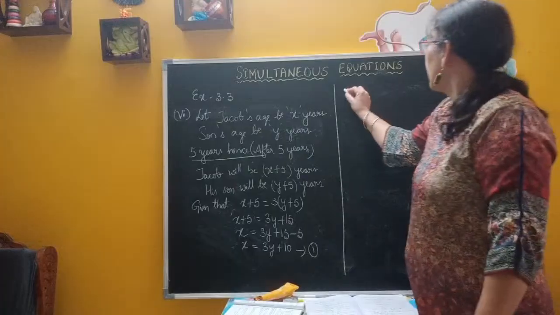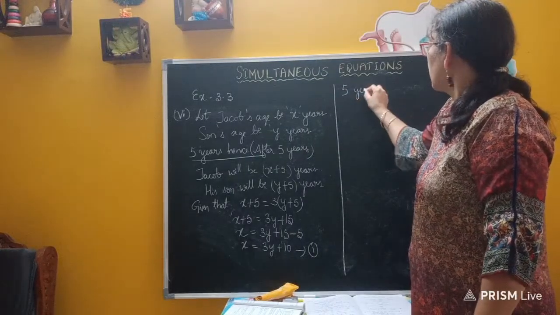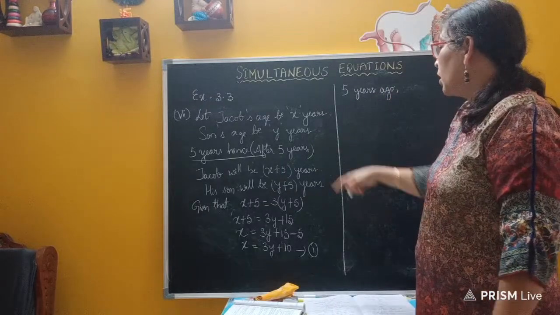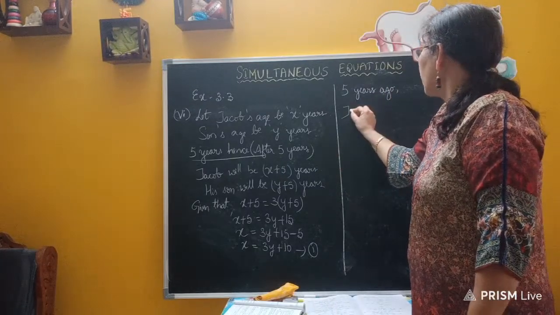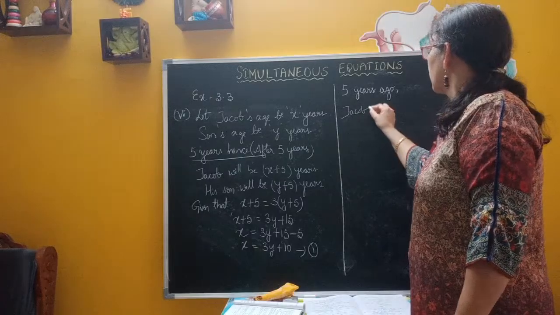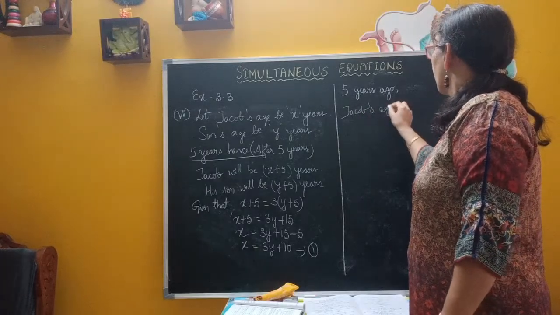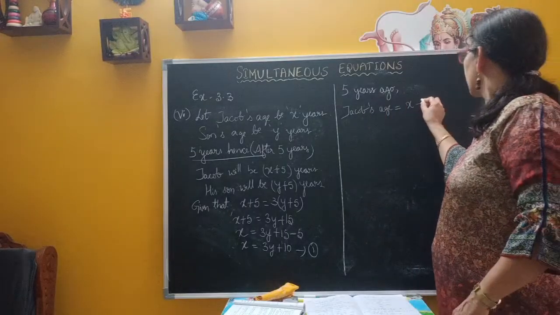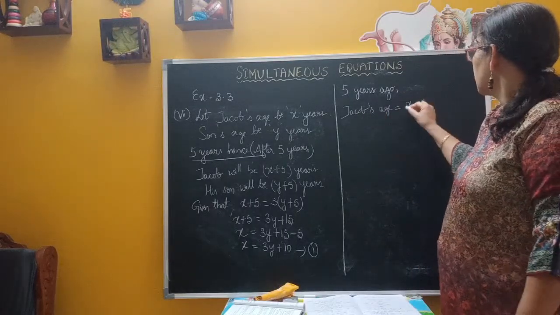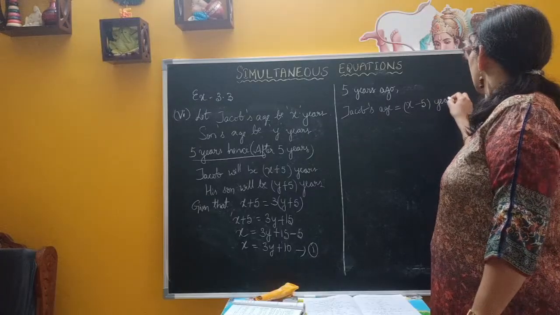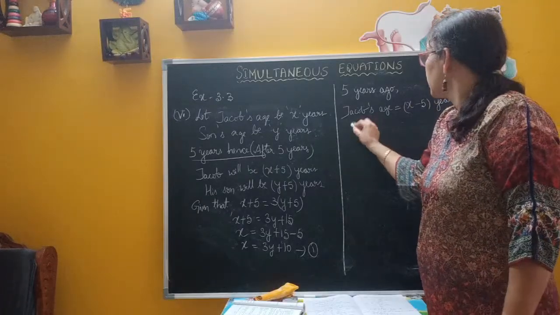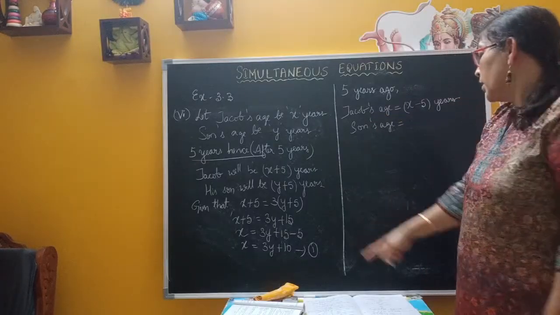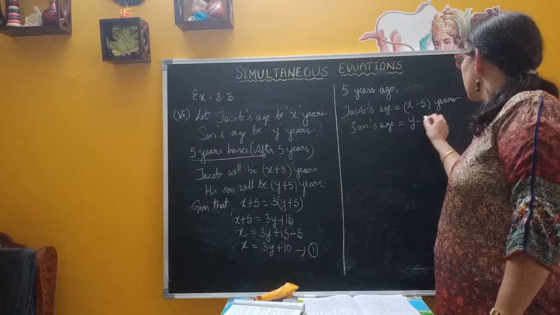So 5 years ago, Jacob's age was x minus 5 years, and his son's age was y minus 5 years.